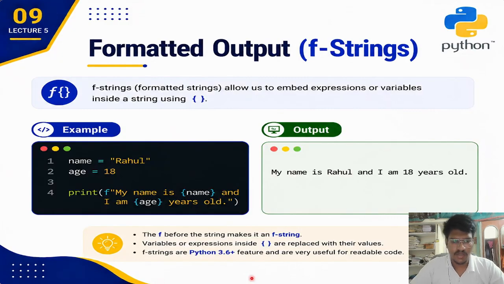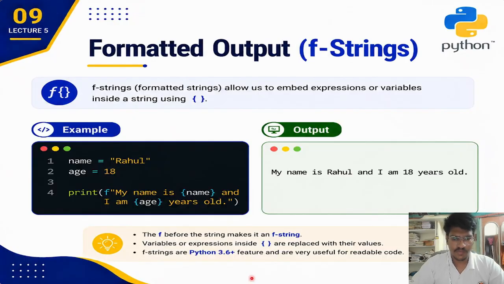Let's break it down. The f prefix: you have to put an f right before the opening quotes of the string. It tells Python this is an f string. Please scan it for curly braces. Inside the curly braces, you can put any valid Python expression.